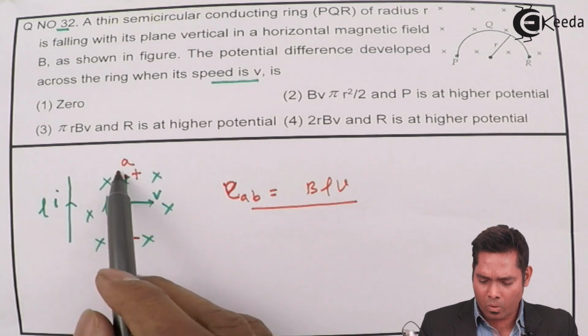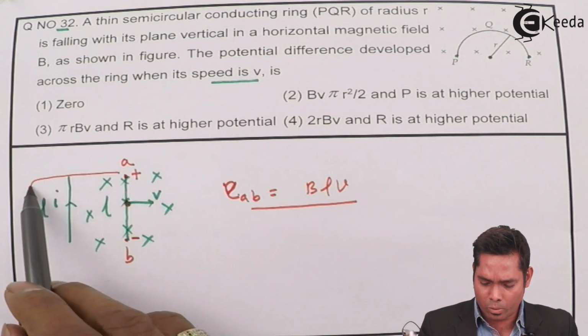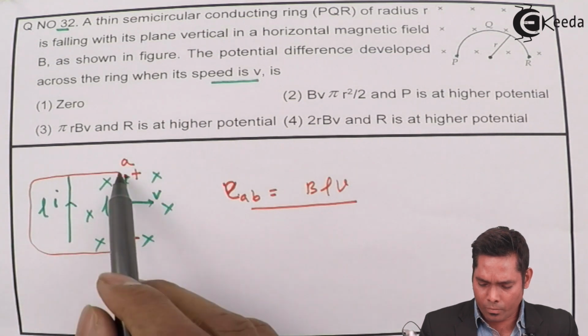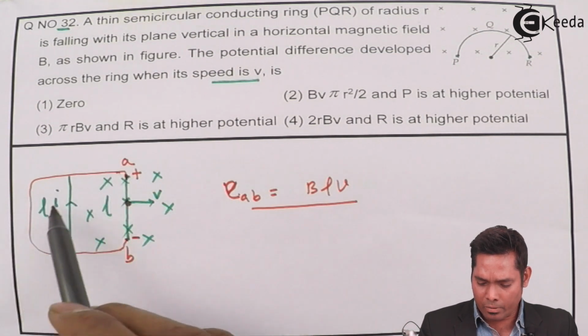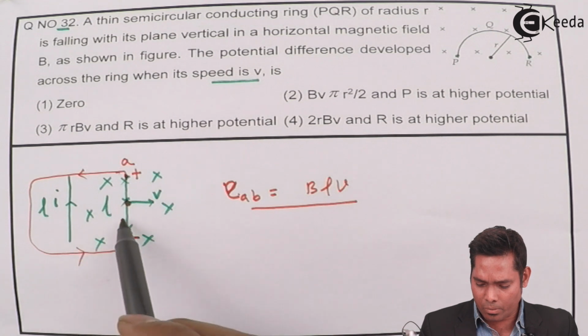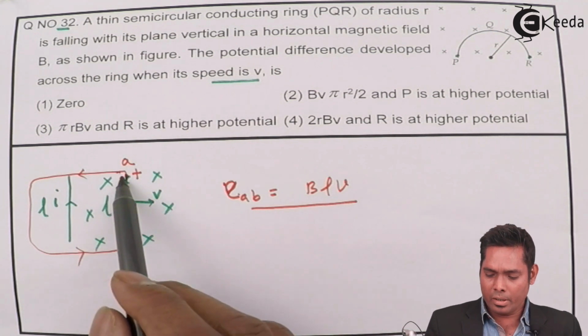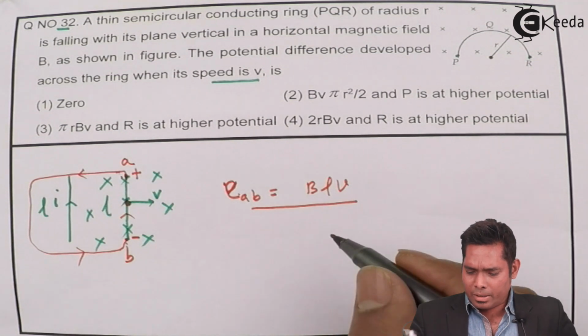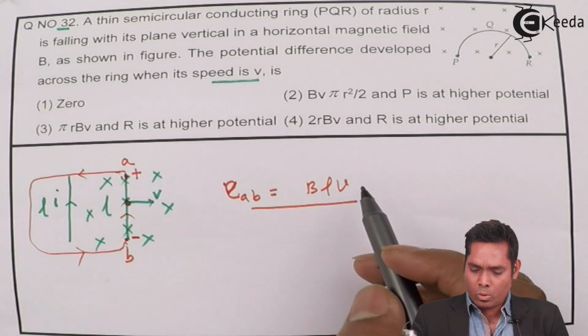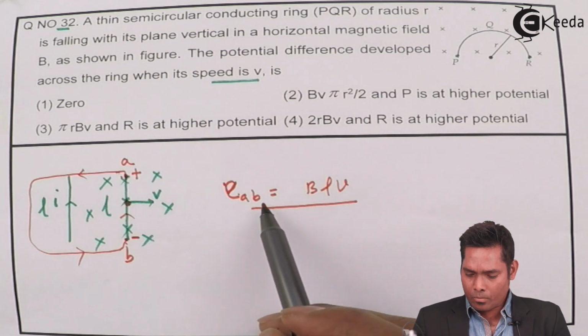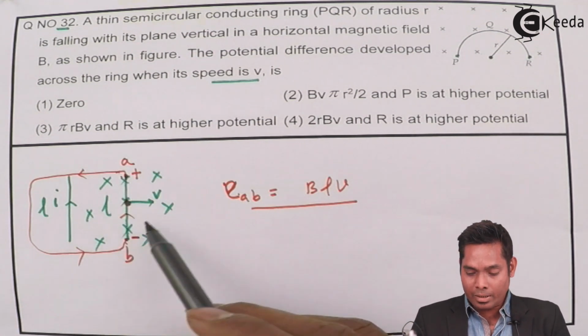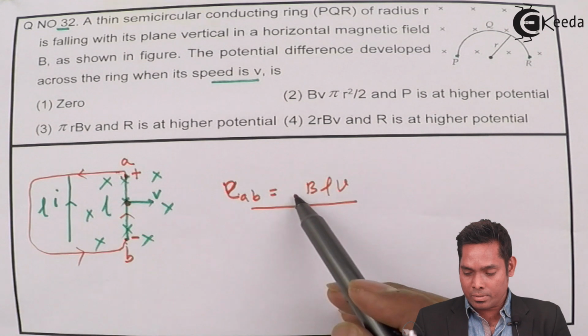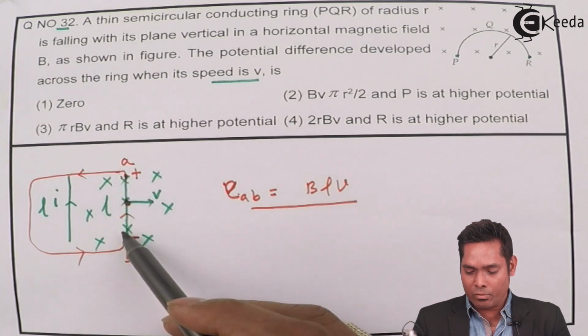If I allow any closed path to form, then current will start flowing in this direction, from lower to higher potential inside the conductor. That means the EMF that is induced is given by the formula BLV, where L is the length and V is the speed.